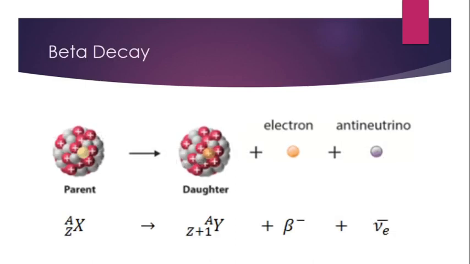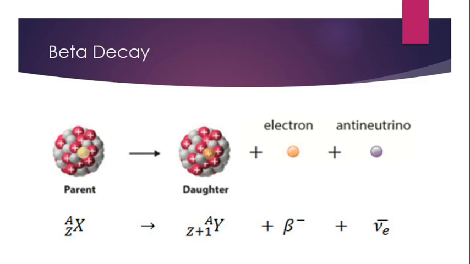Now beta decay. We know that in beta decay there is an emission of beta particles. Beta particles means either electron or positron. Let's consider electron as the emitted particle here. So the parent element, having symbol XAZ, will undergo beta decay so that an electron is emitted.